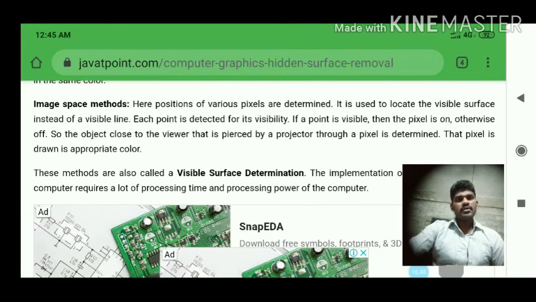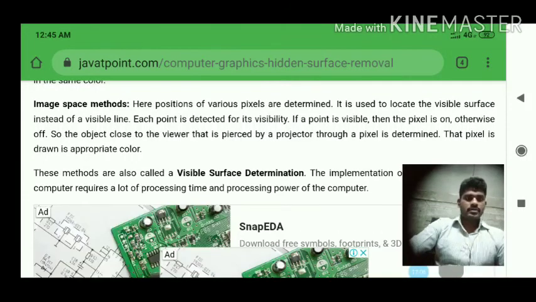So both are only about the visible things we are going to draw on the monitor, on screen or plane. If the surface is visible, then the pixel will be on. If the surface is not visible, the pixel will be off. Like that, it determines the visible surface.